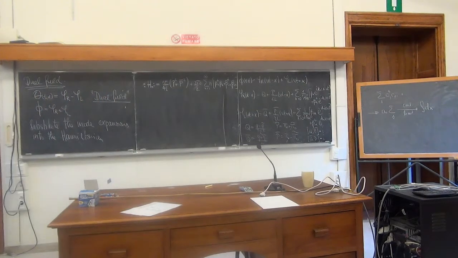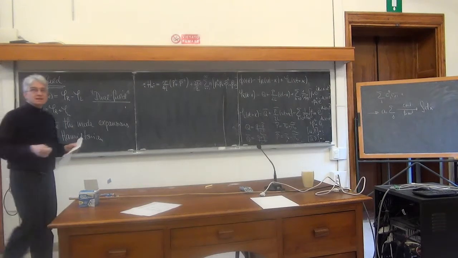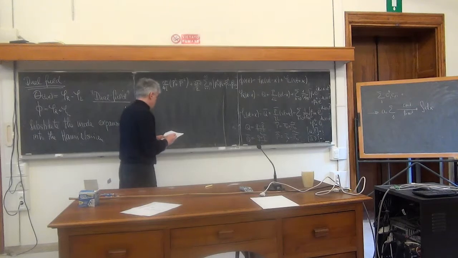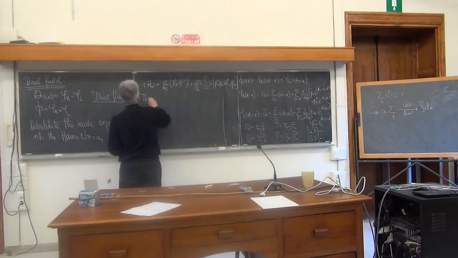All I've done here is I've taken the mode expansion, substituted it in the expression of the Hamiltonian, and I've carried out the x integral, which amounts to basically an x integral over these e to the i k x's.